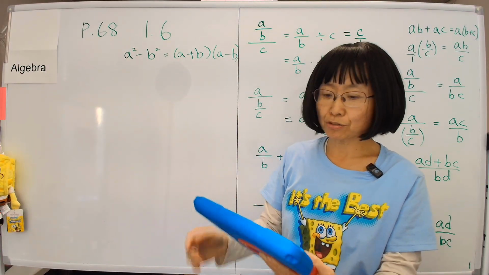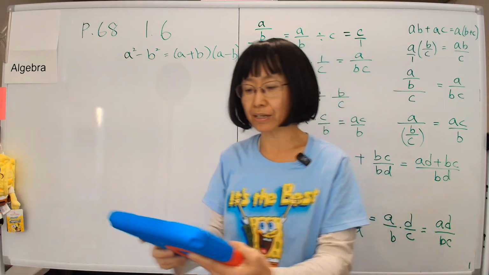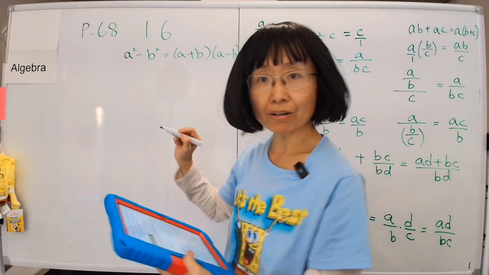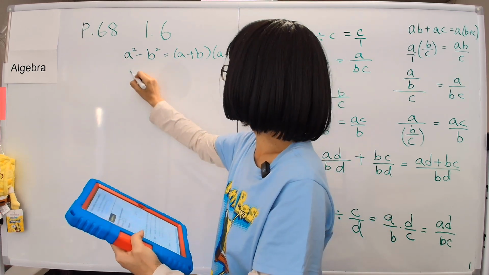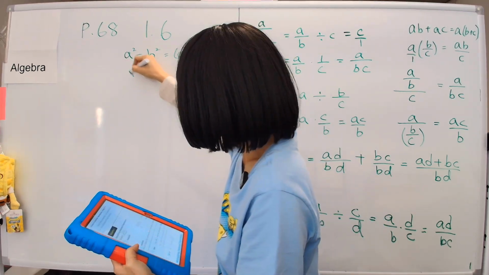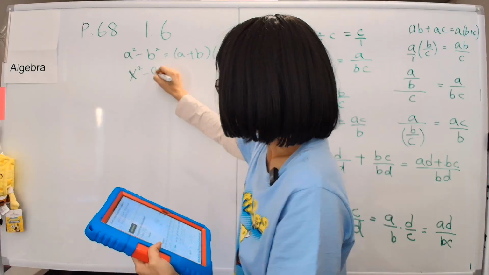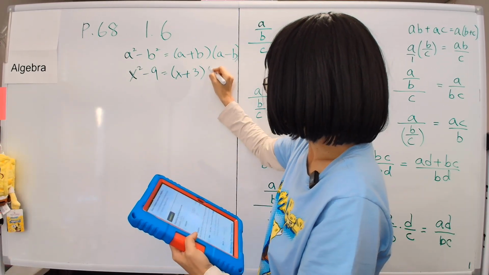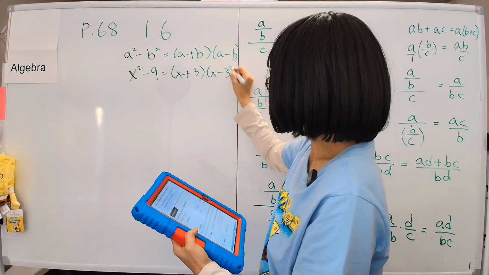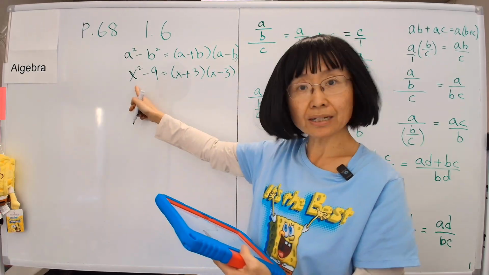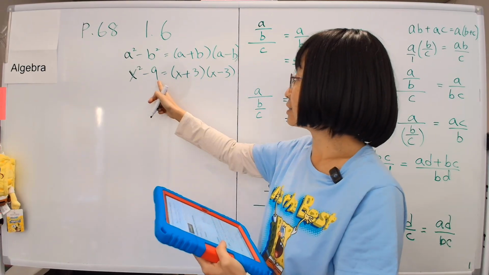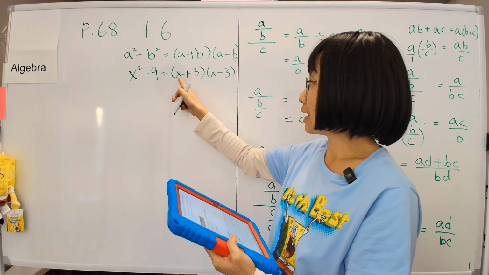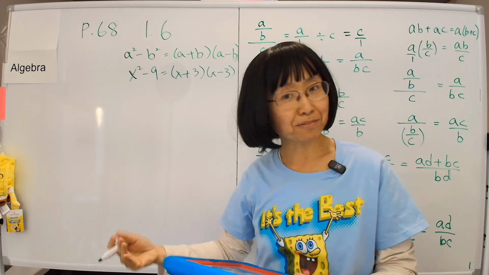So in example 1, we have x squared minus 9. Following this plan, x squared minus 9 factors into x plus 3 and x minus 3, plus and minus, because x times x is x squared, and 3 times 3 is 9, and everything else in between, there's a plus 3x and a minus 3x, and they cancel themselves out.